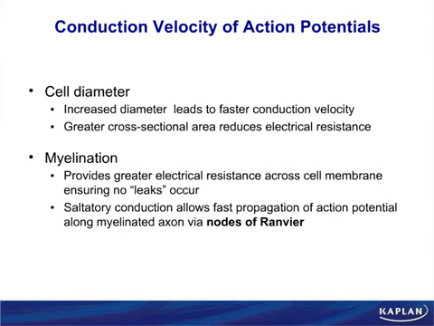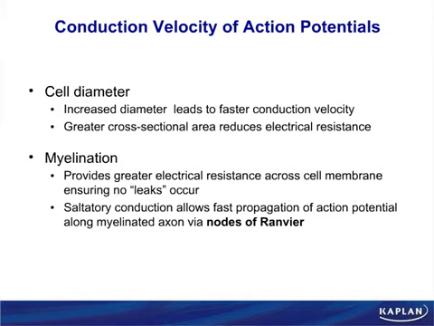Saltatory conduction is a term we give because hopefully you remember that there are breaks in the myelin. Those are called nodes of Ranvier. These nodes of Ranvier are where we have clusters. Now, before I talked about the idea of thinking of a rope or a hose or something with little clusters of fast sodium channels.